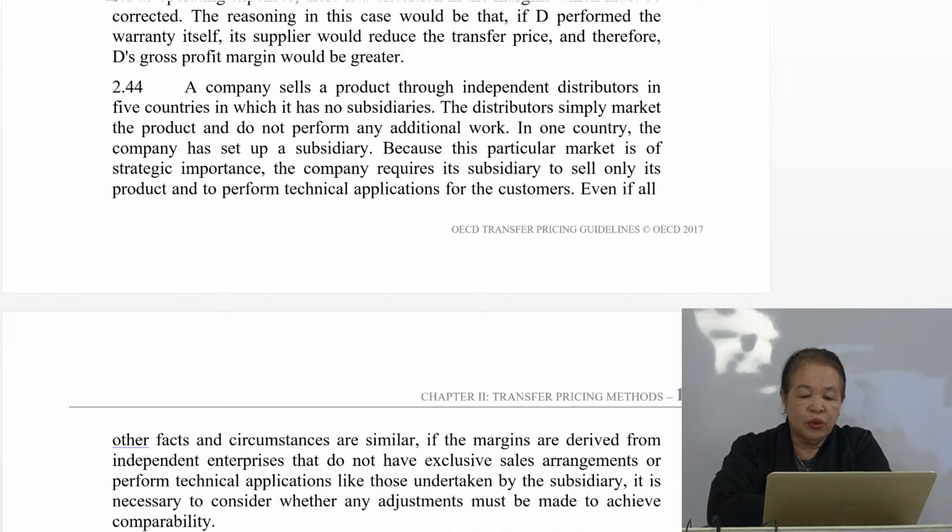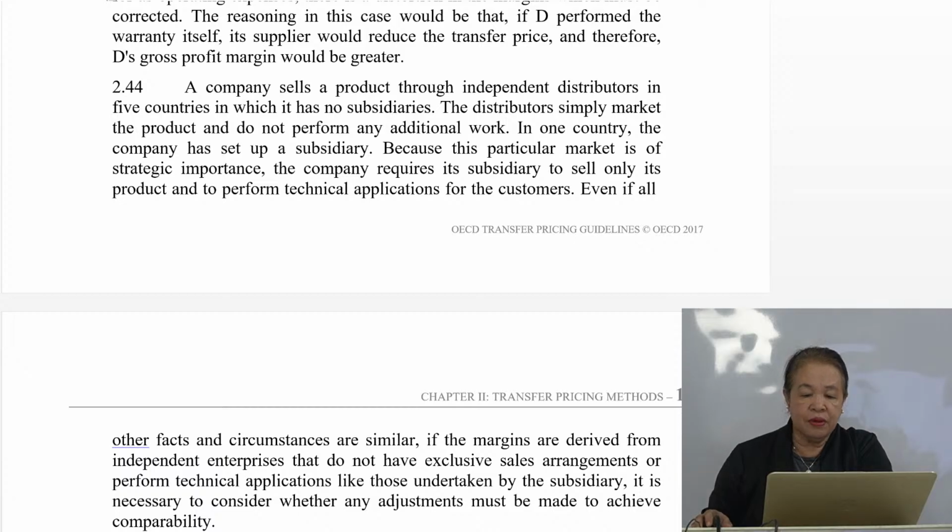So in one country, the company has set up a subsidiary because this particular market is of strategic importance. So very important yung market, so they set up a subsidiary in that country. Because this particular market is of strategic importance, the company requires its subsidiary to sell only its product and to perform technical applications for the customers.